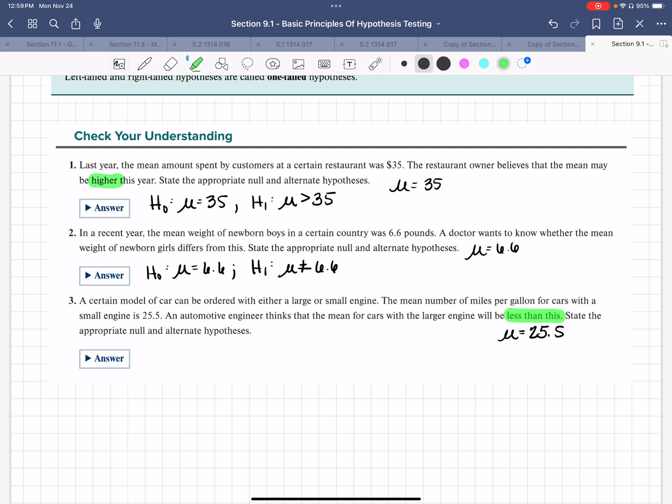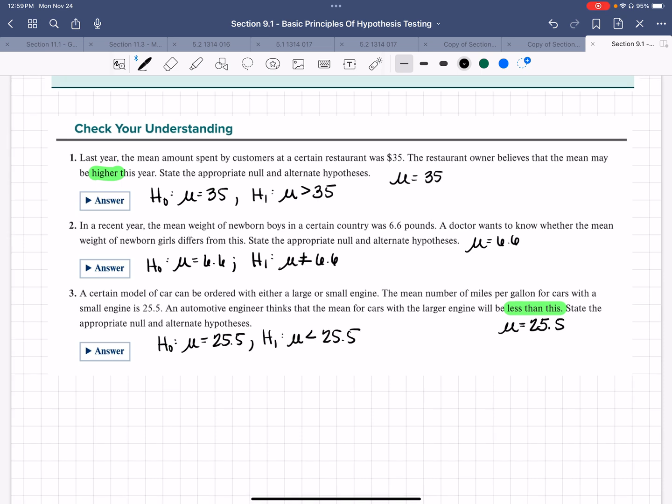So less than this. State the appropriate null and alternate hypothesis. So the appropriate null is going to be mu equals 25.5, and then the appropriate alternate hypothesis should be mu is less than 25.5. Okay?